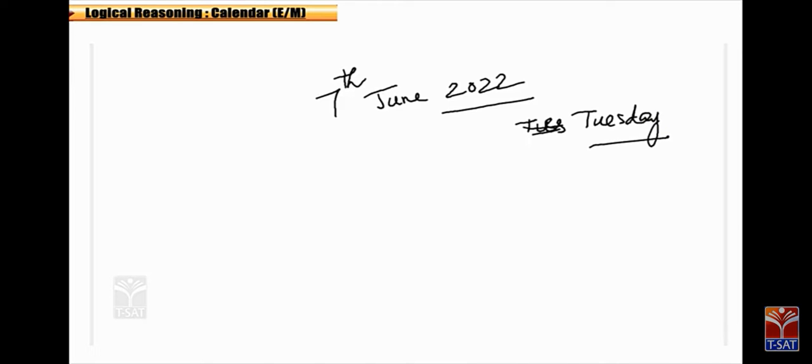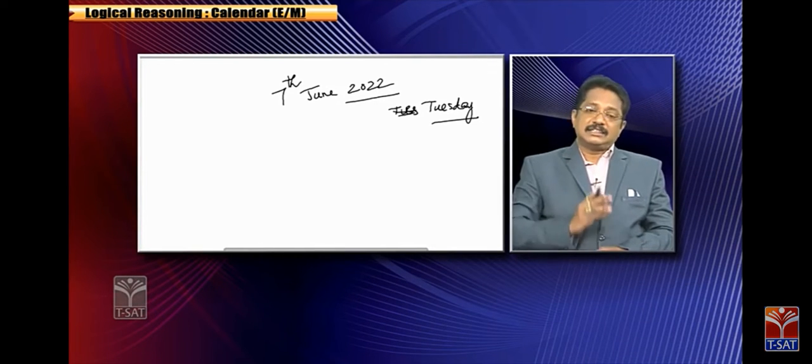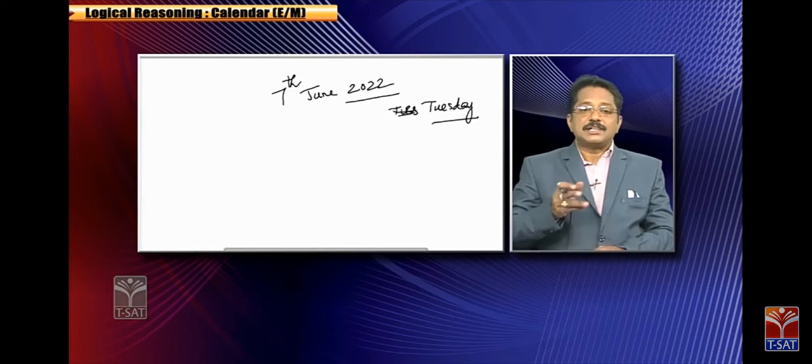For example, if I ask what the day is on 15th July 2024, or on 11th April 1995, how would you find it?